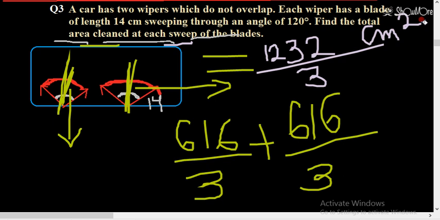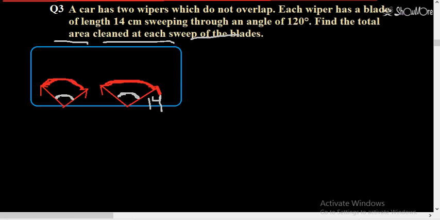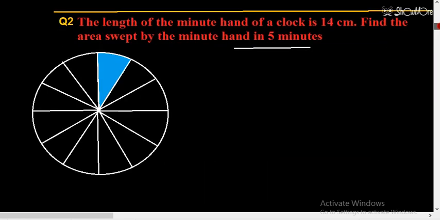So this is another question that we have done today. We have done 3 questions today. 1232 by 3 is the answer for this one. In the earlier question also I described the complete question with the explanation of how the clock is making.